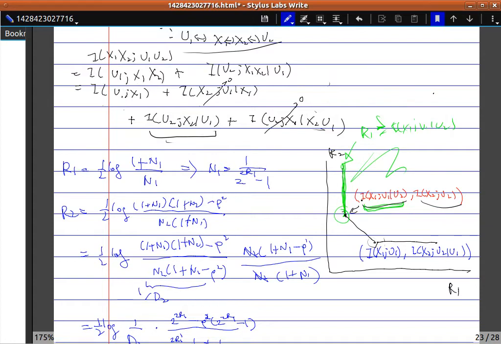They are I x1 u1 given u2 and I x2 u2, and the other corner point I x1 u1, I x2 u2 given u1. Now let's consider which corner point is better.